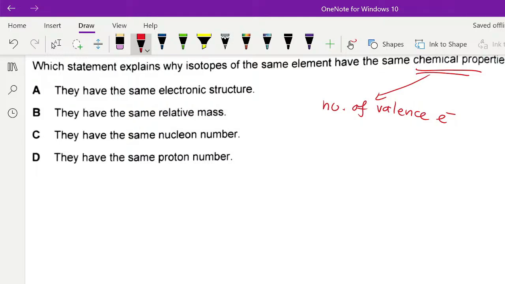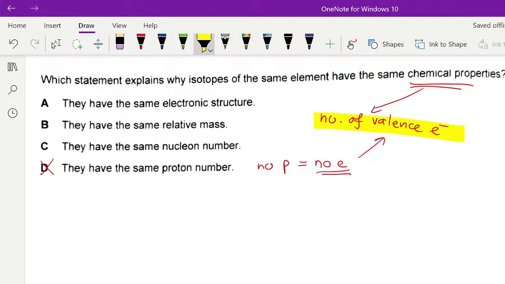So here we say they have the same proton number because for neutral atoms, the number of protons equals the number of electrons. If the number of electrons is the same, then the valence electrons must also be the same.